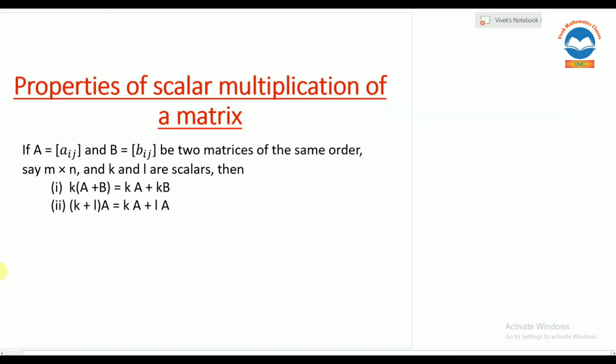First property is k into (A plus B) will be equal to kA plus kB. It means this constant will be distributed. Same like this, second one we can write (k plus l) into A will be equal to kA plus lA. These are the two properties of scalar multiplication. You should remember. Very easy.